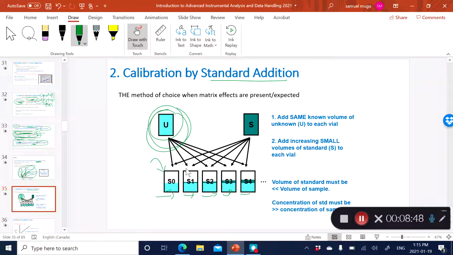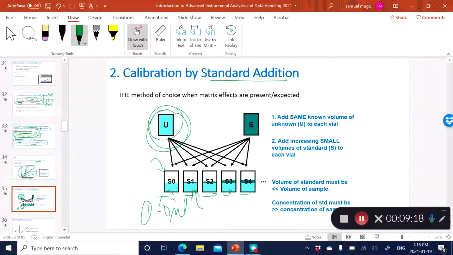And so you can see in the very end, the unknowns, meaning the matrices, are all the same, and they've got increasing concentration of the standard because you spiked them with a concentration of the standard, but with different volumes. So for example, in vial 1, you can spike it with 0 microliters of the standard.